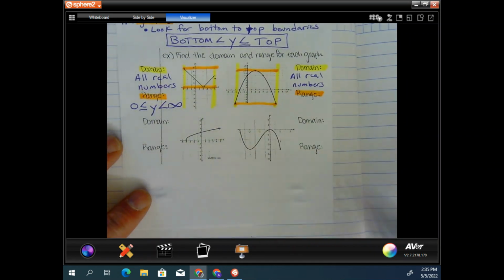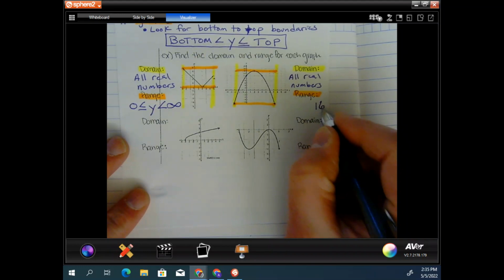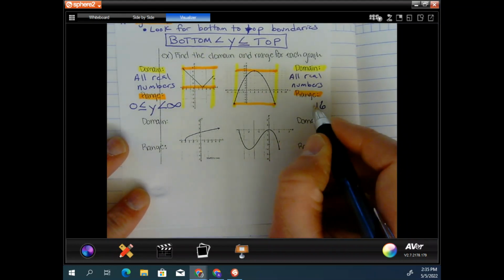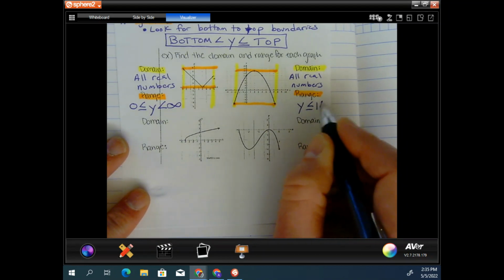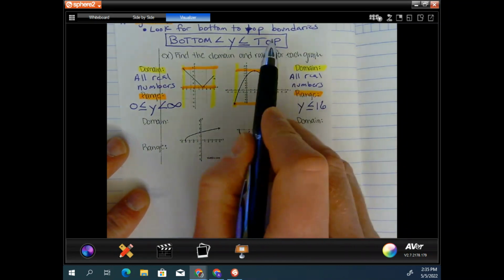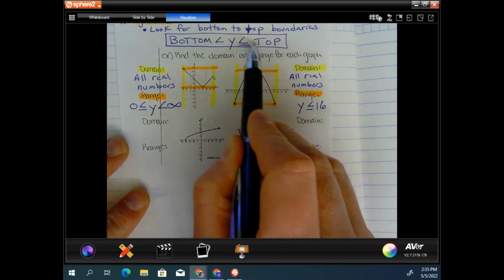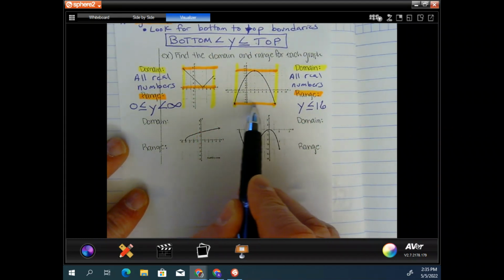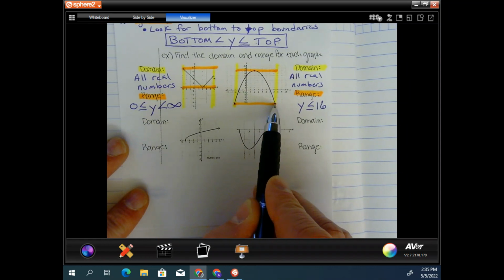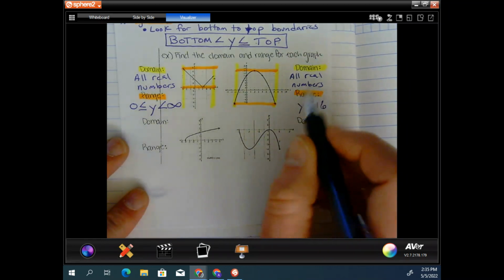And that top crosses at 16. It is also included. So I put it on the right hand side because that's where it's located here in our inequality. And then I see that the bottom has arrows on both sides.